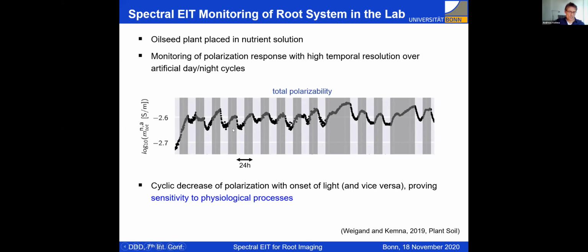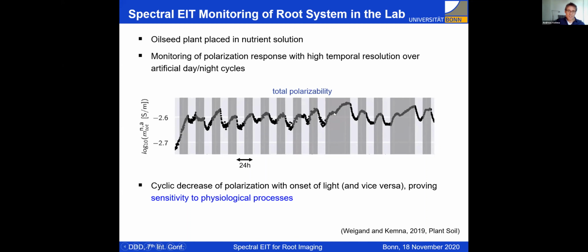This, of course, is temperature controlled, and it also does not include soil at this point. Interestingly, out of curiosity, we changed the artificial night to actually twice as long or even more, as you see here.